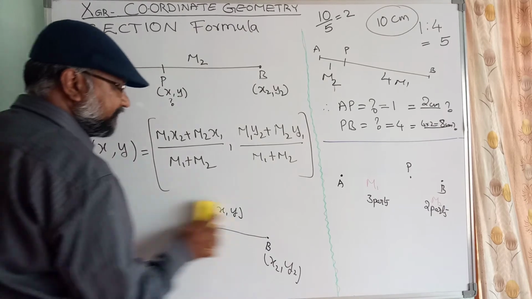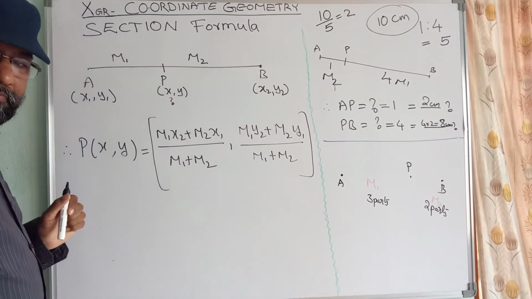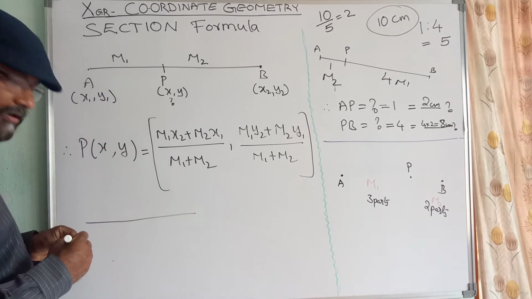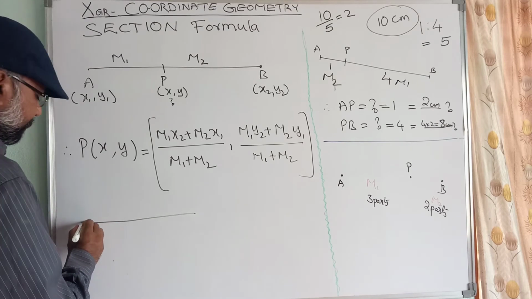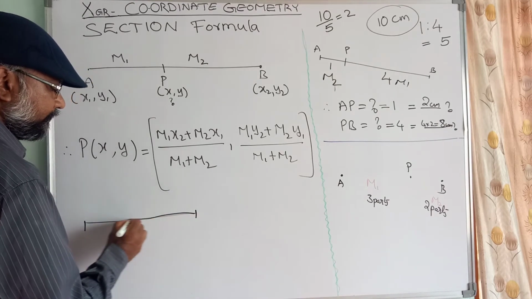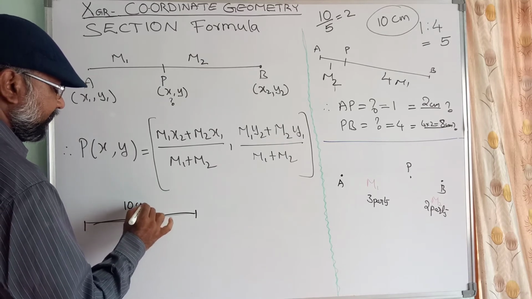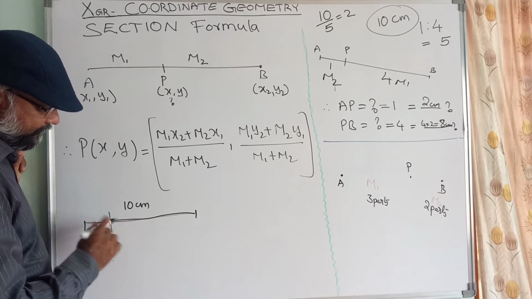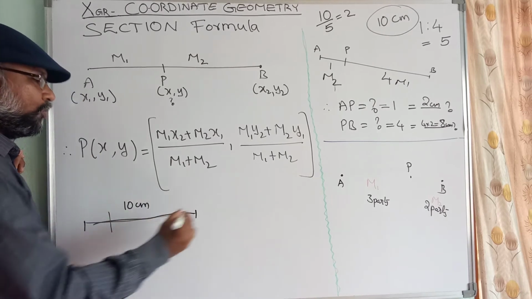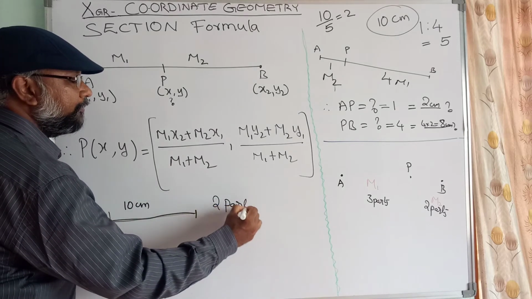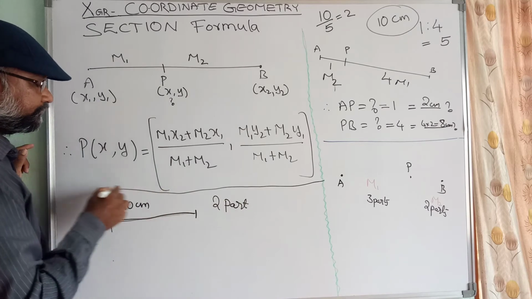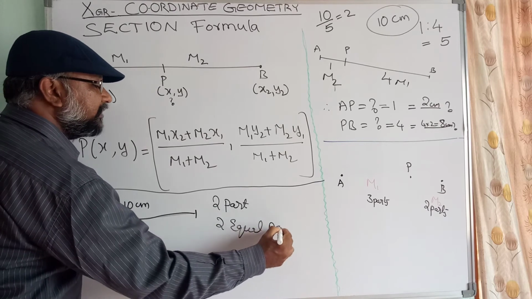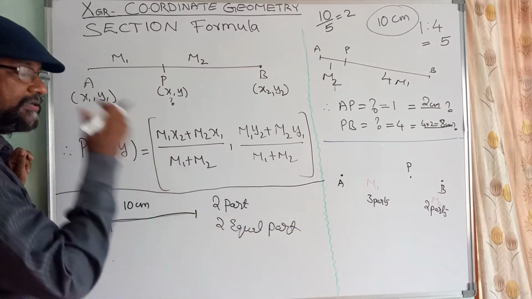Now let us have a simple discussion. Here a line with 10 centimeters. Two parts are different from two equal parts.